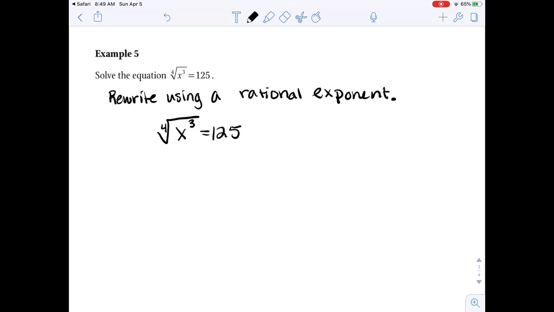So we can rewrite this as x cubed raised to the 1/4 power. The fourth root is the same as saying to the 1/4 power. So if I simplify that by multiplying the exponents together, I would get x to the 3/4.